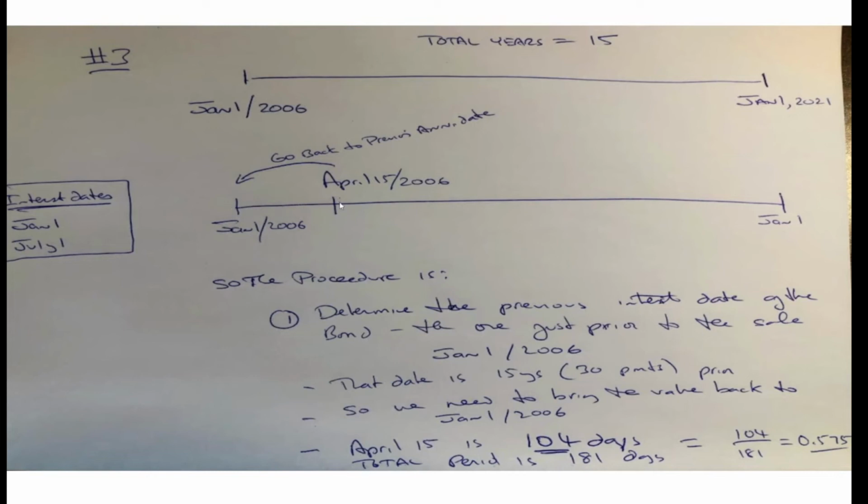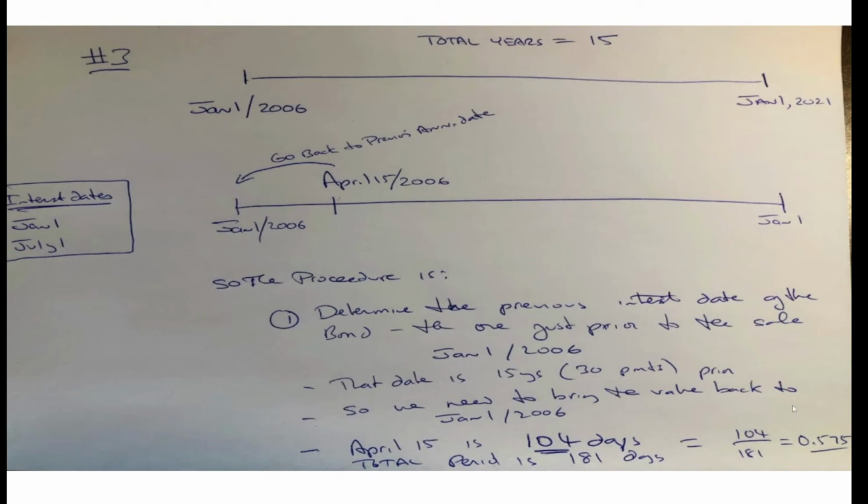And in the period from January 1st to July 1st, there's a total of 181 days. So effectively, 104 of 181 represents 57.5% of the period, or 0.575. So for the purposes of bringing it forward to that date, this will be the value of N.